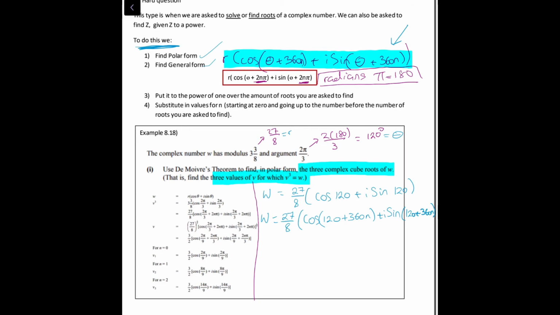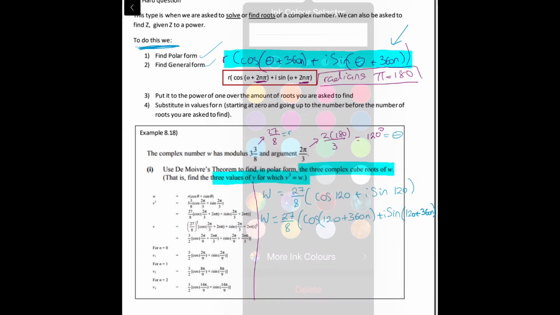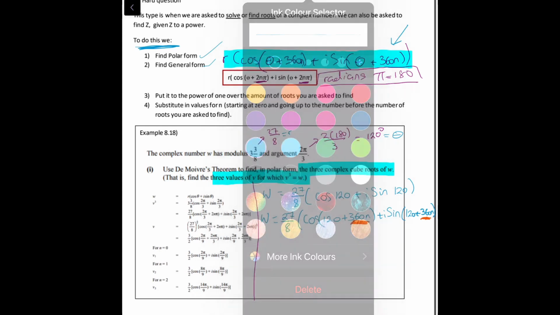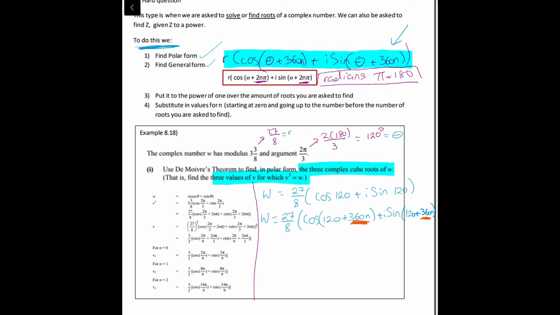All I've changed there is that I have added in this little thing here. It's the only difference between polar form and general polar form. General just means that you're going to be able to change it, so that's why the n value needs to be in there. And with each n value that we sub in, if I draw the little Argand diagram and I have a point here, all I'm doing is going around and back again.